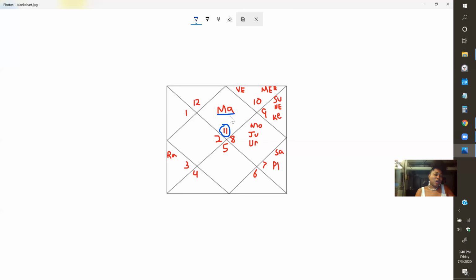So what does that look like? When I search a birth chart, this is how I like to do it. I like to search the sign in the house. So I'm gonna search Aquarius, the 11, in the 1st house, or interchangeably, you can say Aquarius rising.